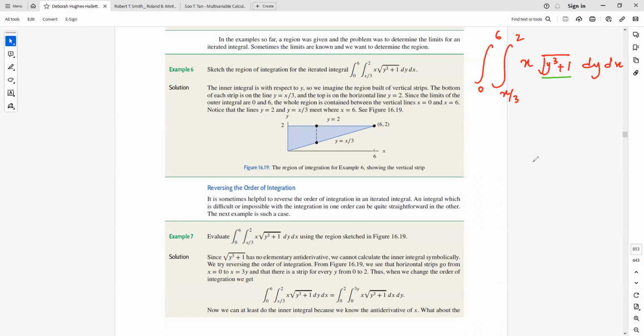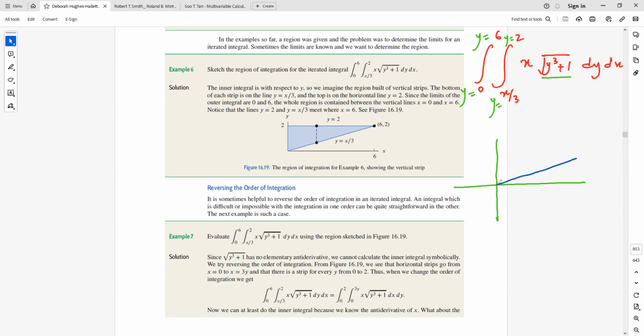Now we need to switch the order, therefore we need to draw the region first. So the region of the integration is from the curve y equals x over 3 to y equals 2, which means that this line y equals x over 3 will look like this here.